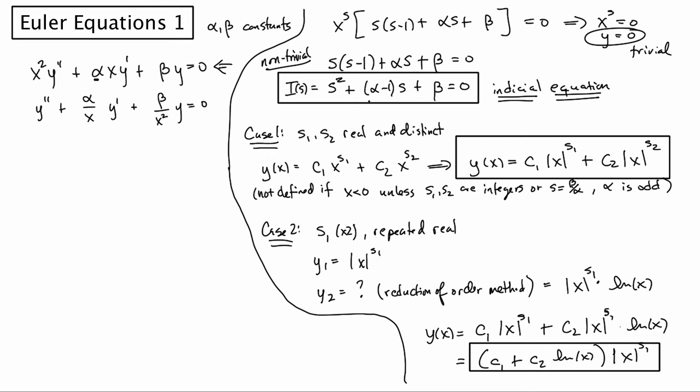Let me explain. If we're in case 3, then we have S1 and S2 that are complex conjugate roots.